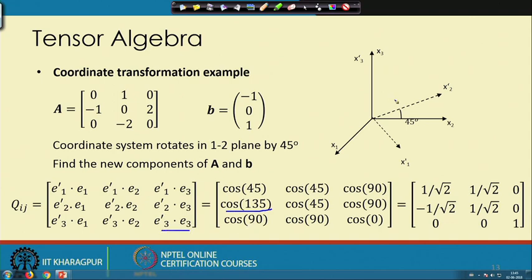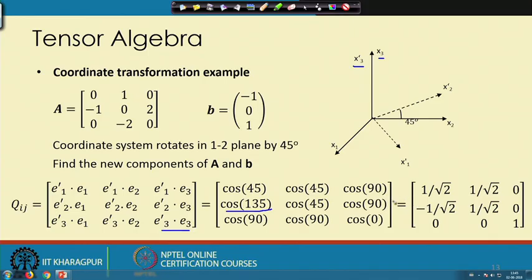E3 prime and E3 are essentially x3 prime and x3, and since we have rotated the 1-2 plane, x3 does not change, x3 and x3 prime coincide. So the angle between them is 0. Actually this is a 2D rotation. One important thing just for your information: if you do a 3D arbitrary rotation, it is not commutative. We can keep this information in mind. So, this becomes our rotation matrix.